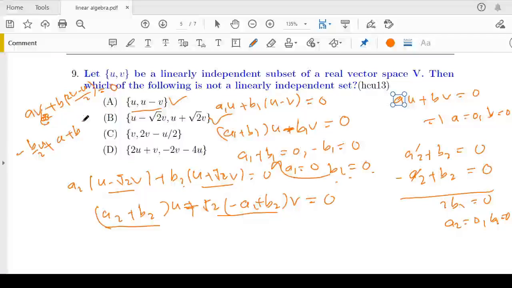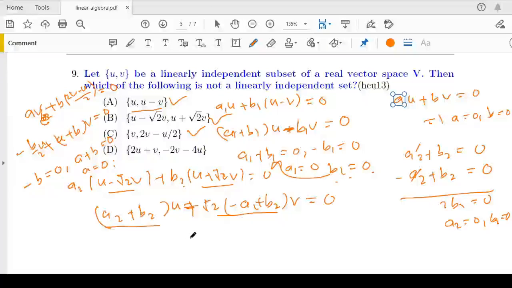Therefore a plus b into v equal to 0. Therefore if u, v are linearly independent, b must be equal to 0 and a plus b must be equal to 0. b equal to 0 implies that a is also equal to 0. Therefore this set is also linearly independent.